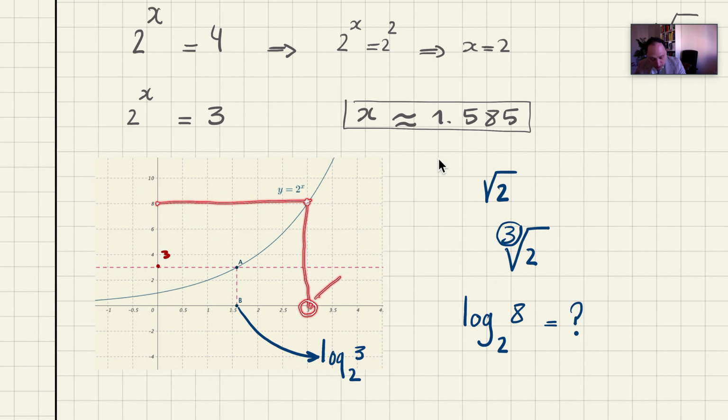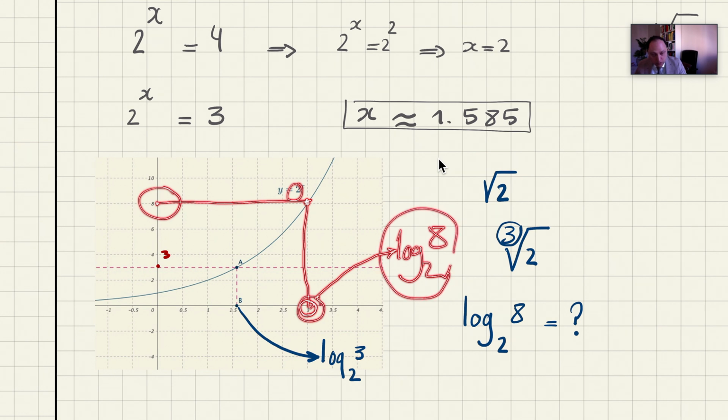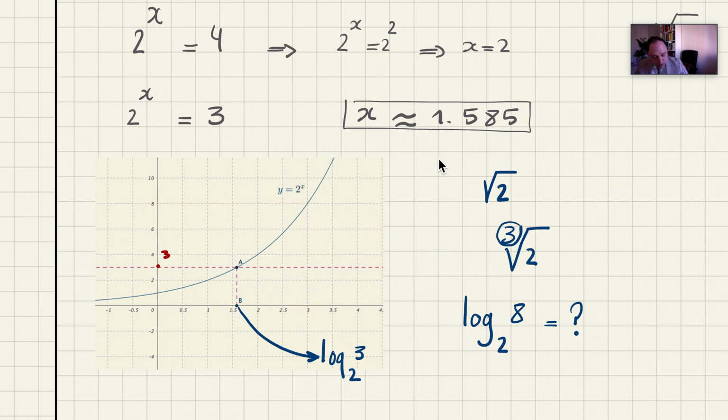On the other hand, we learned that mathematicians call this log of this number 8 in base 2. So these two are different names for the same point, so they have to match. So you see, you have a good understanding without going any further. So you were able to guess that this log of 8 in base 2 is 3.